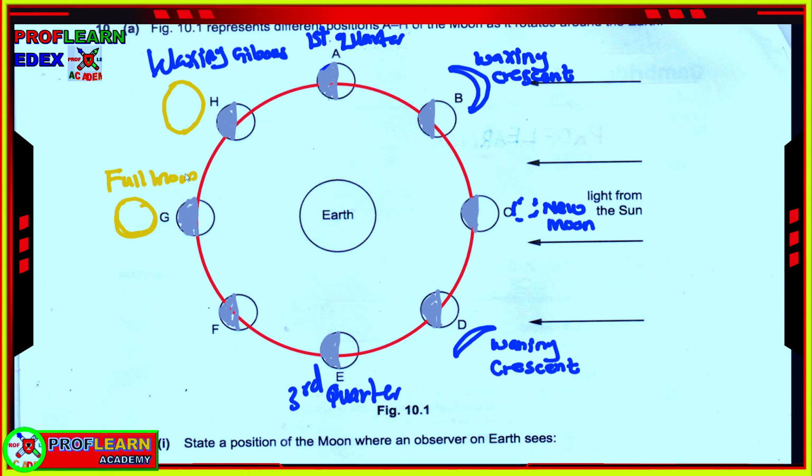Down here, as the moon is moving from a full moon down, it's becoming dimmer. And then we have what we call a waning gibbous.